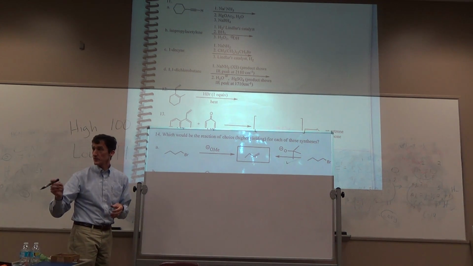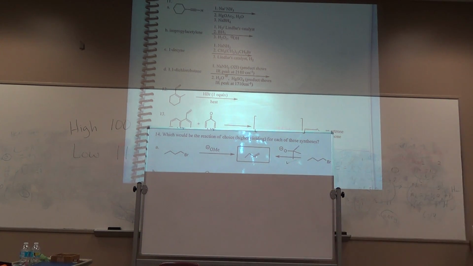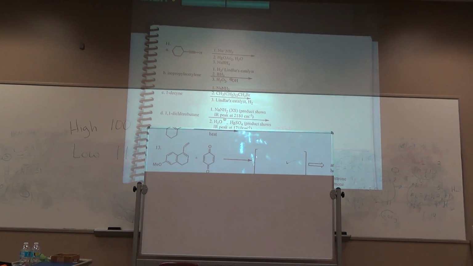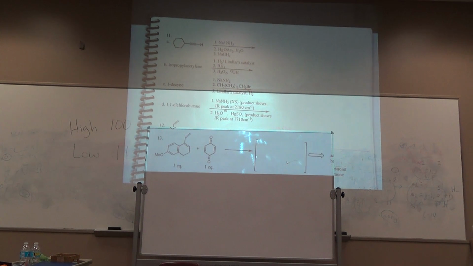So there's a question about Diels-Alder, which number? Number 13? Is that it? Yeah. In the box, in the brackets, is that a Diels-Alder product? Is that what you're asking?